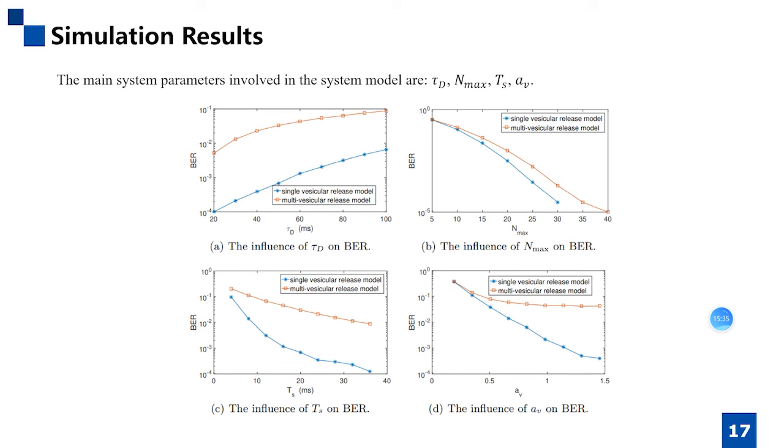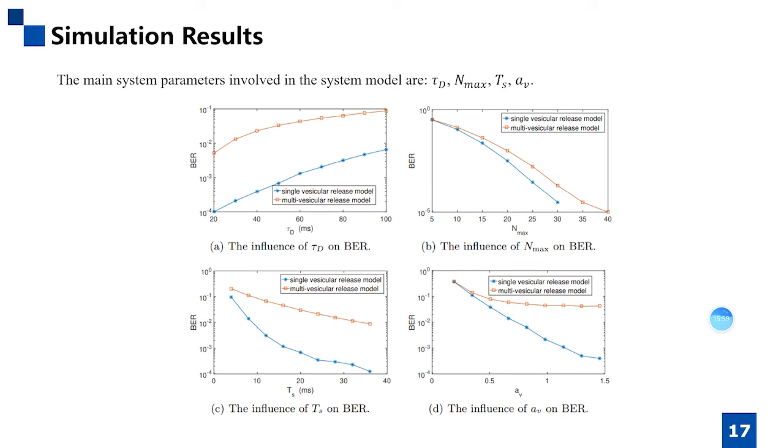From the expression of PS and PM, we can say when the RP has the same number of vesicles, PS is smaller than PM. However, the SVR model always has lower BER under the same conditions.